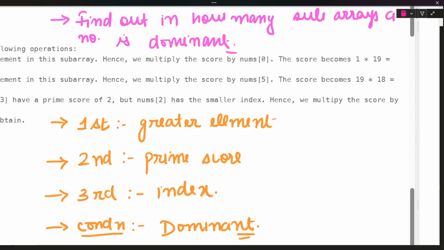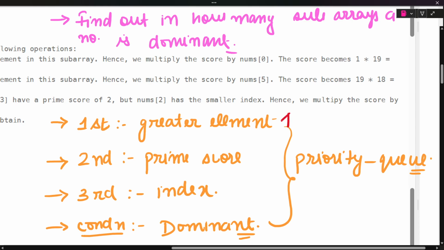We can clearly use a priority queue or a heap, in which we will have custom comparators. This field should be maximum.